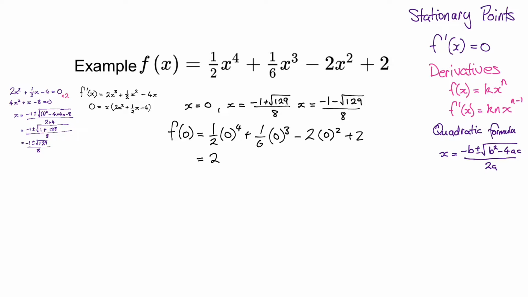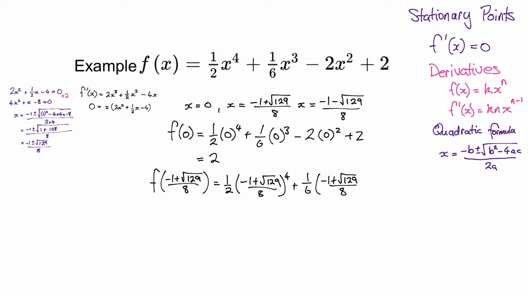Now working with our next value of x, our f of minus 1 plus the square root of 129 all over 8 is going to give us 1 over 2 outside of minus 1 plus the square root of 129 over 8 to the power of 4, plus 1 over 6 outside of minus 1 plus the square root of 129 over 8 cubed, minus 2 outside of minus 1 plus the square root of 129 over 8, plus 2, which unfortunately is very hard to do.